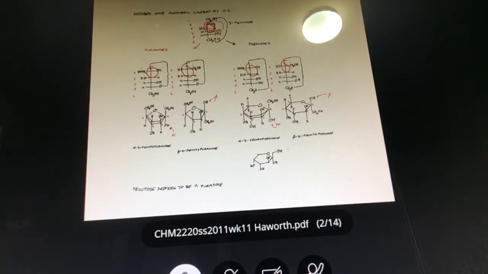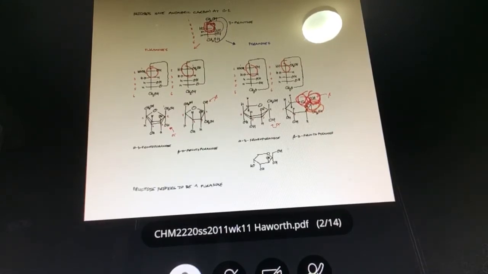So, when we're presented with something, I'm going to scribble on the Haworth projections at the bottom. When we're presented with a 3-dimensional structure of a sugar and we're asked to interpret it, the thing that you start with is to find the anomeric carbon. Right there. It is the carbon that is bonded to oxygen twice.